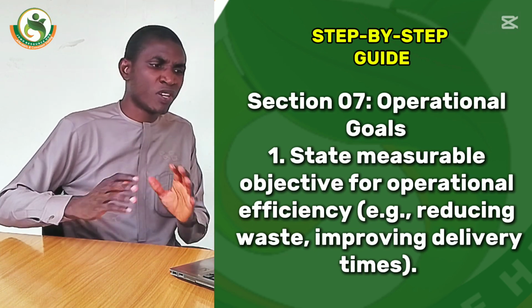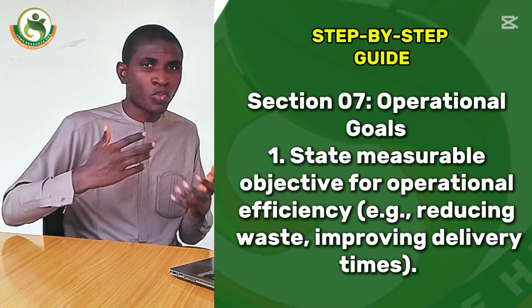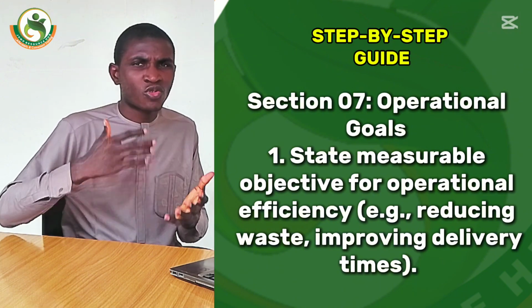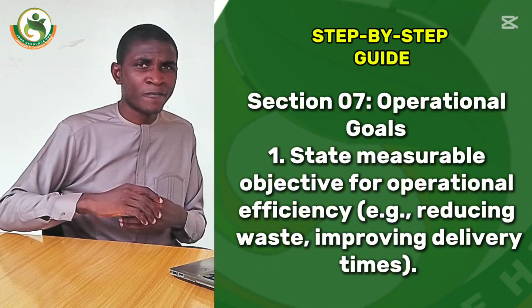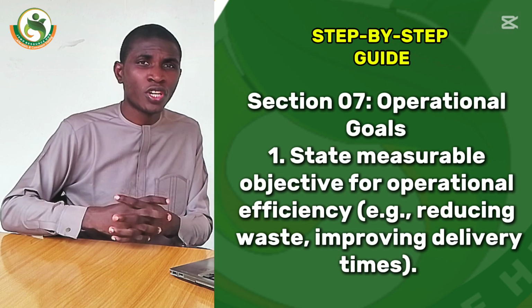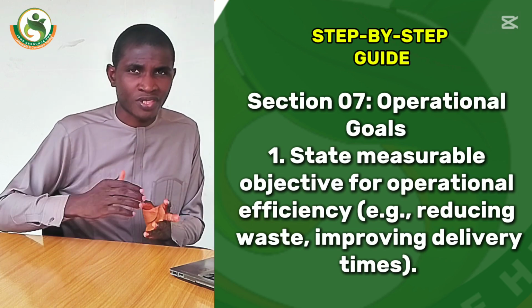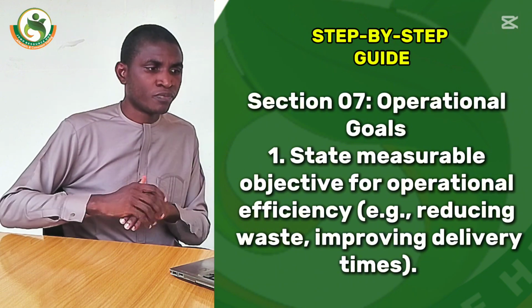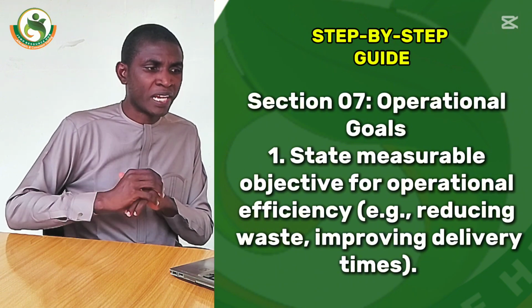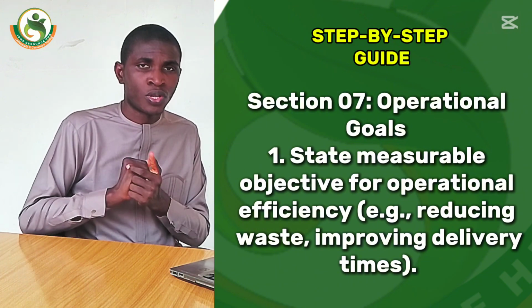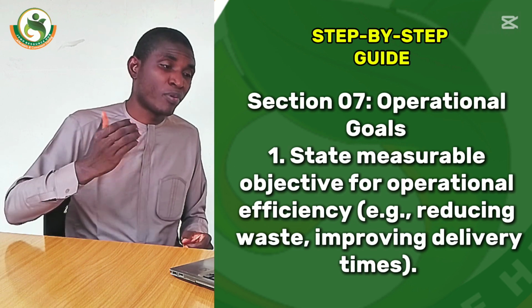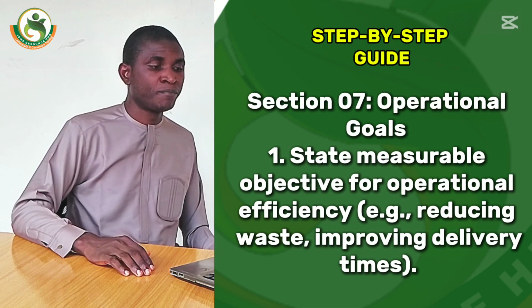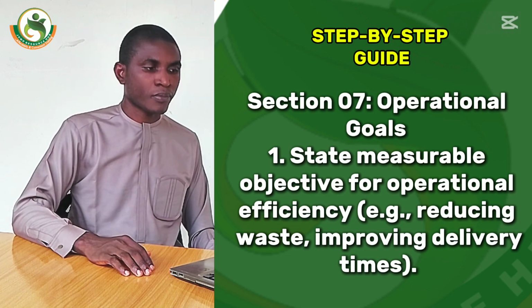You need to put measures in place that help you to fast track and manage situations where you have orders that are beyond your capacity. Maybe you want to outsource the delivery. So you need to put some operational goals in place and set some objectives to ensure that at every point in time there's operational efficiency.